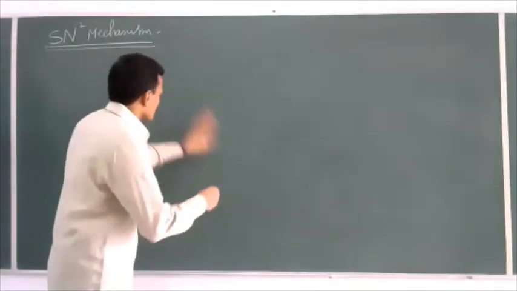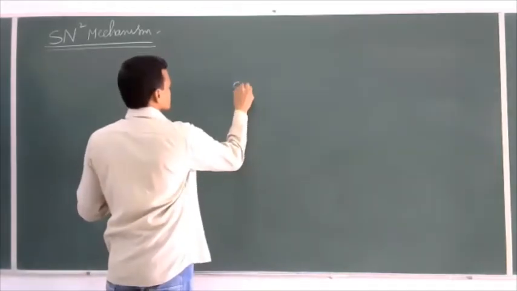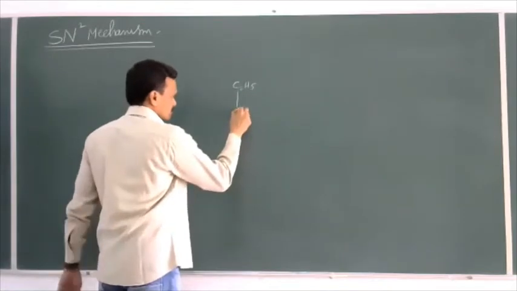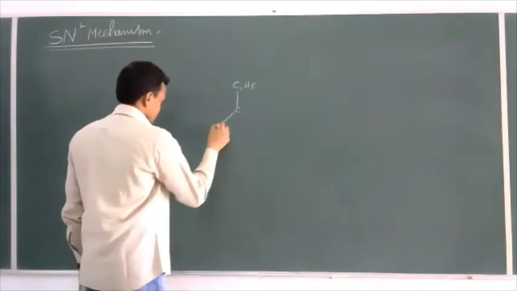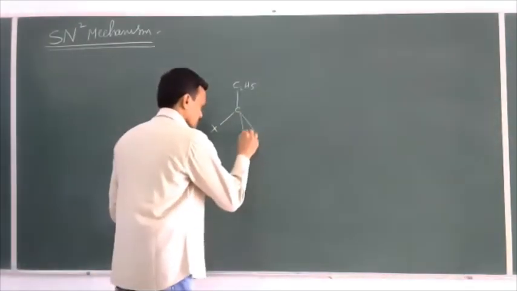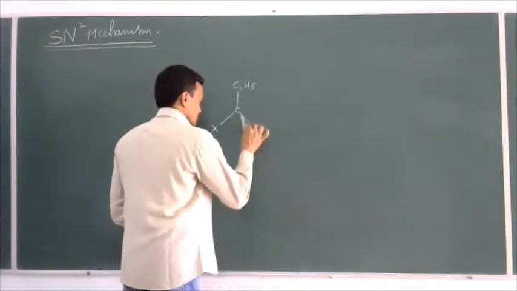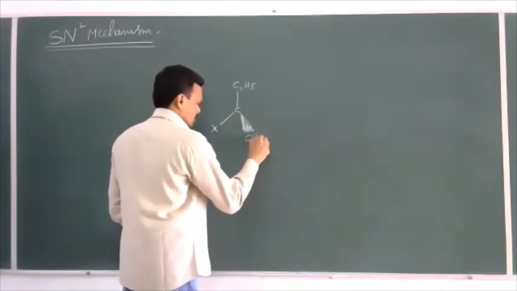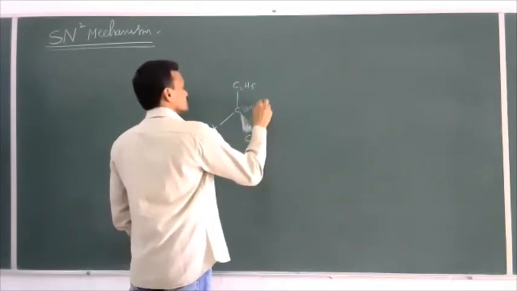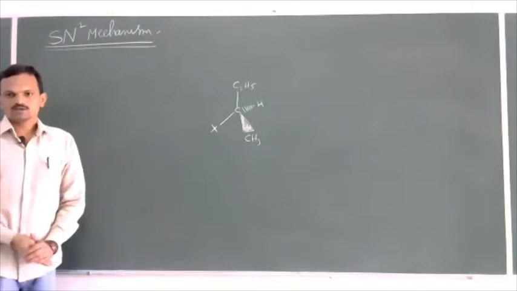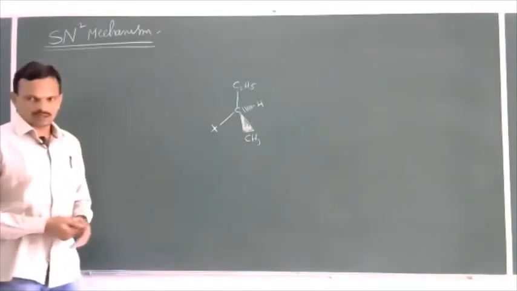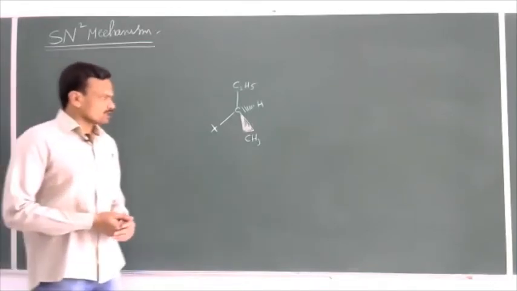Let us take one simple example here: C2H5, C, a group X, methyl group, hydrogen. This is the three-dimensional structural formula of an organic compound, drawn by the wedge-dash method.